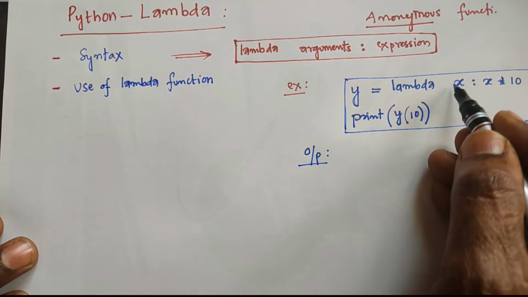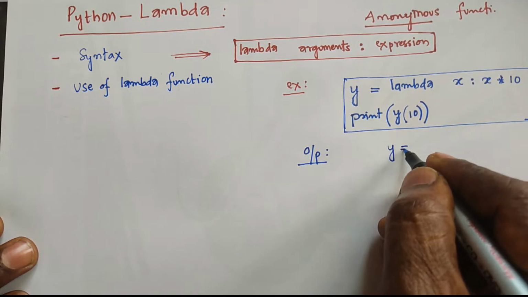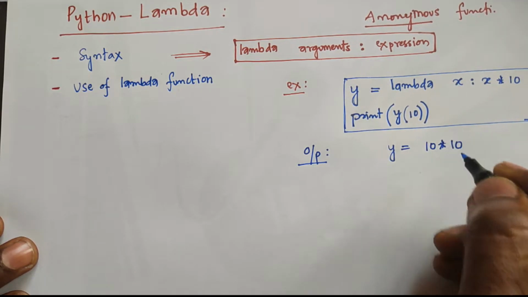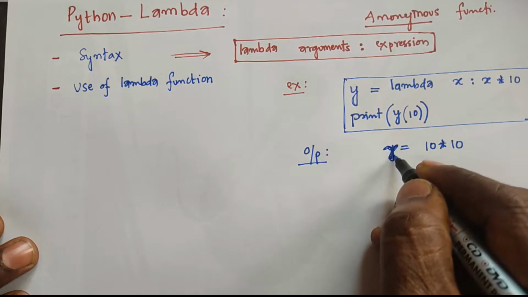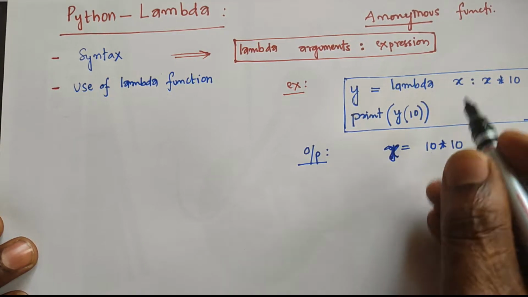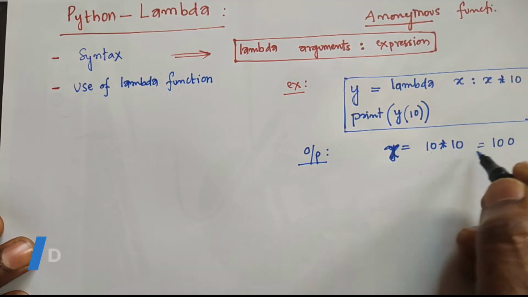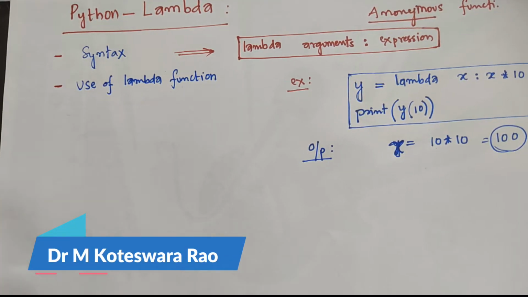So the x value is replaced by 10, and the result is y is equal to 10 into 10, that is 100. That will be stored in y. After that I am writing print of y, and the final result will be 100. So this is the actual example 1.